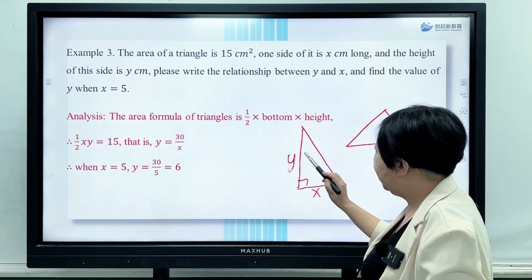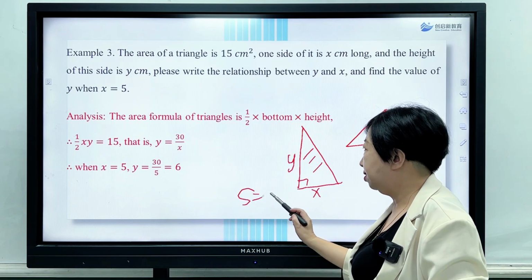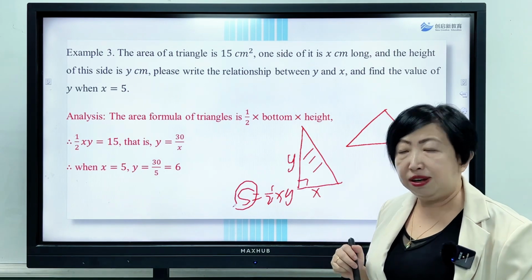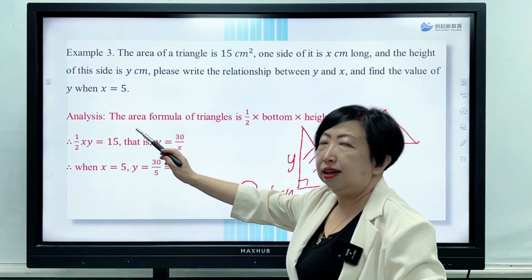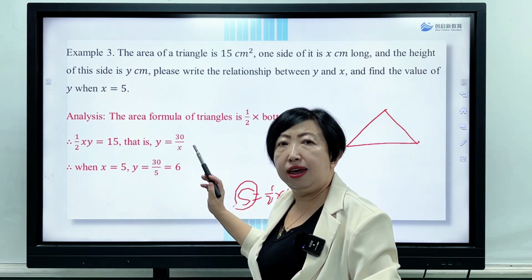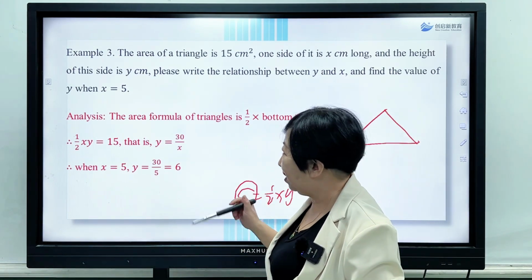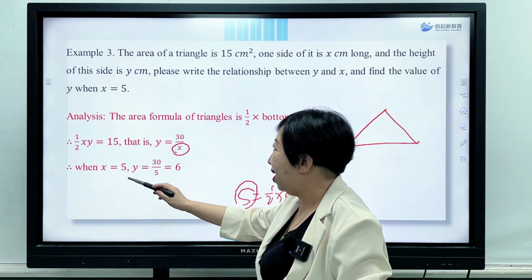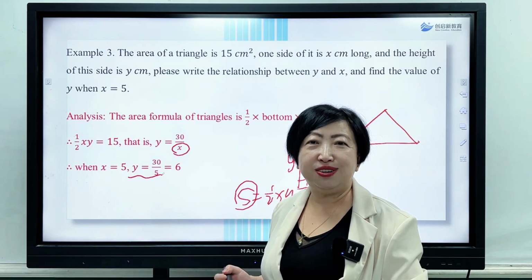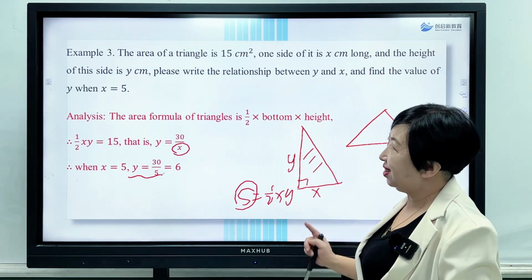The area is 15 square centimeters, so half of x times y equals 15. That is why we can express it as y equals 30 divided by x. When x is 5, y equals 30 divided by 5, which equals 6. So the right answer is 6.